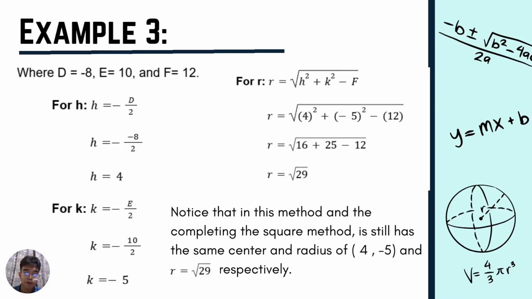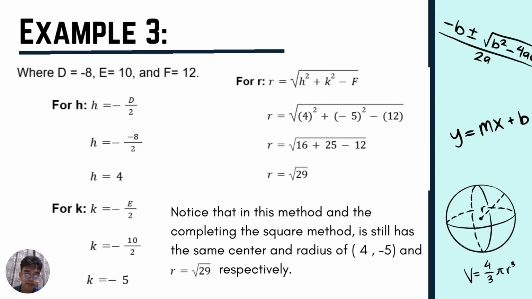Now let us solve for our r. r is equal to the square root of h squared plus k squared minus f. We know that our h is 4 and our k is negative 5, so we input that into the equation for r. Therefore, r is equal to the square root of 4 squared plus negative 5 squared minus 12.